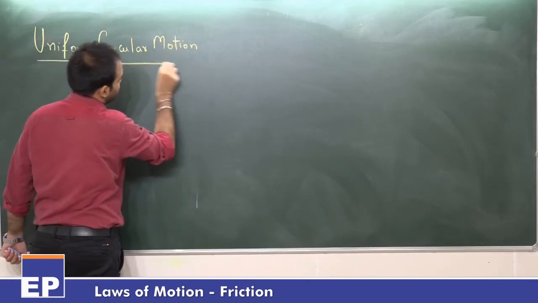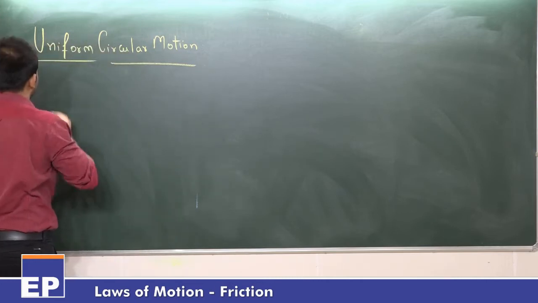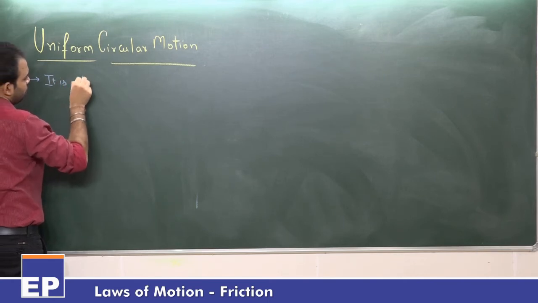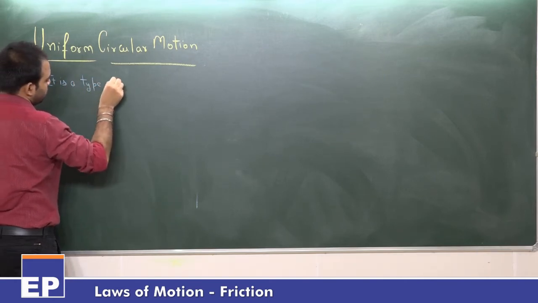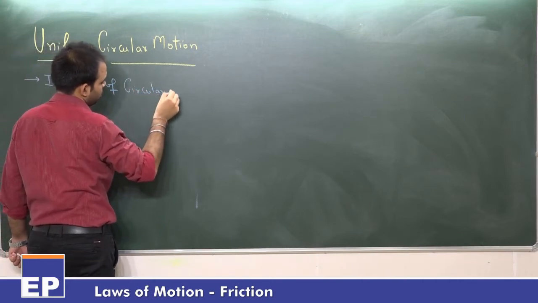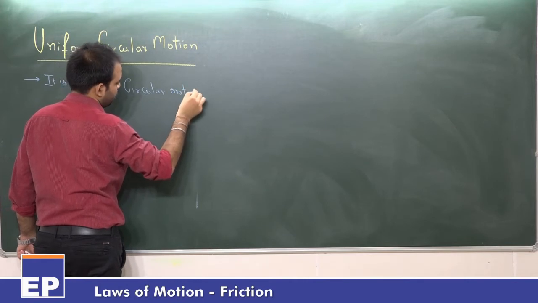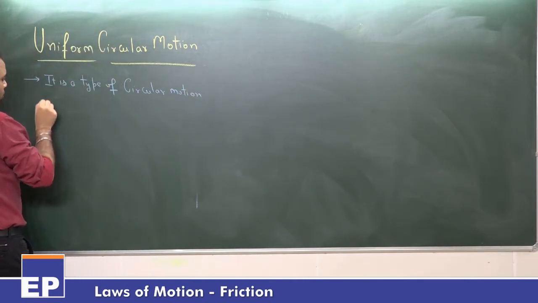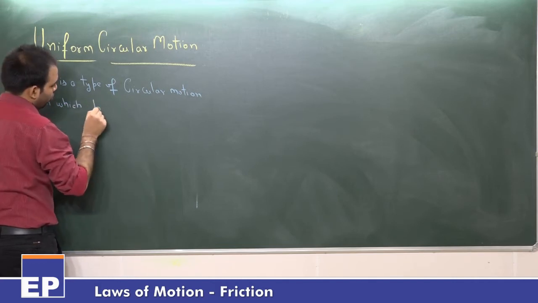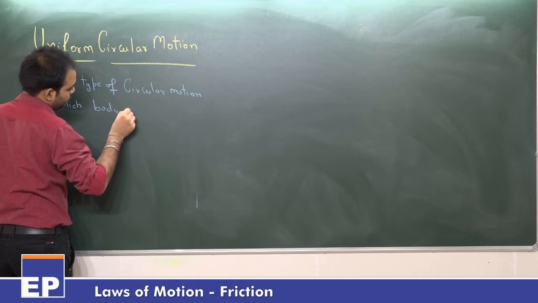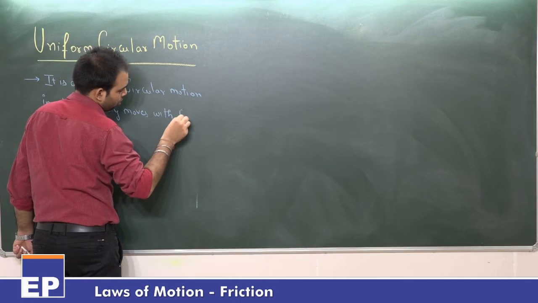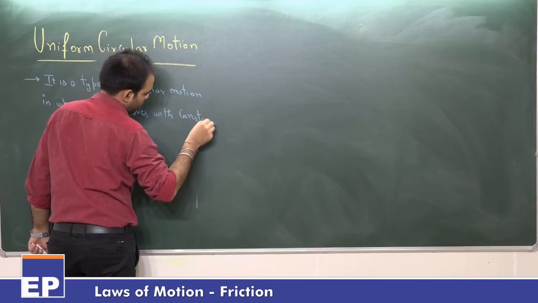देखो, यूनिफॉर्म सर्कुलर मोशन क्या होता है? It is a type of circular motion in which a body moves with constant angular speed.